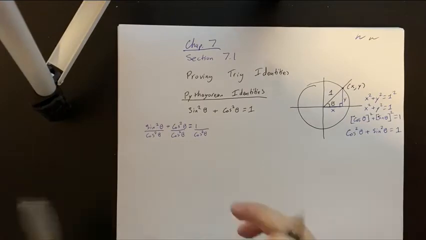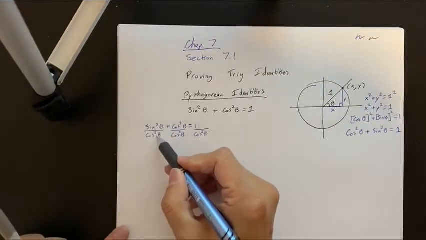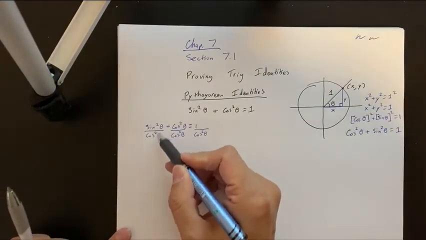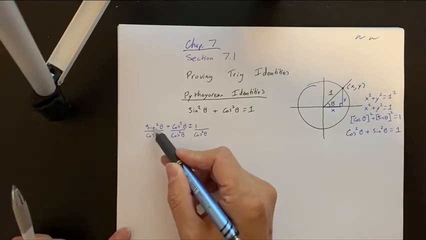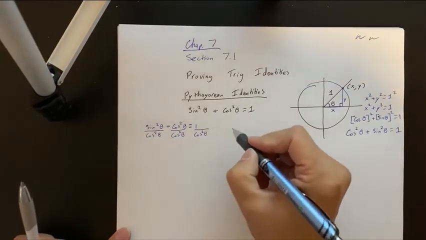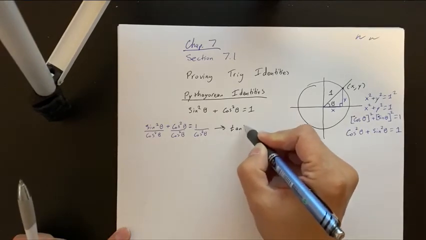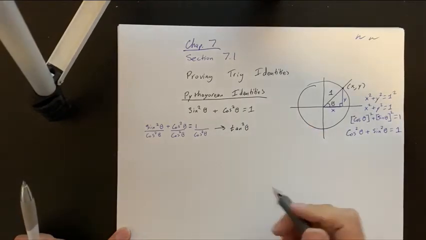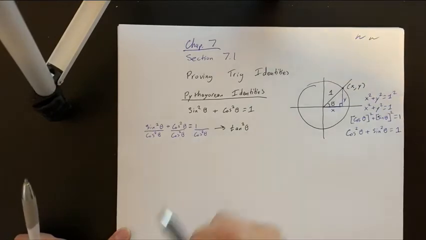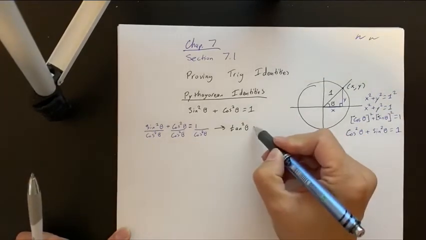So what is that going to give me? Well, sine square over cosine square, you can rewrite that as really a tangent, right? Because sine over cosine is tangent. So let me just write that as tangent square theta. How about cosine square over cosine square? Well, that's a 1.